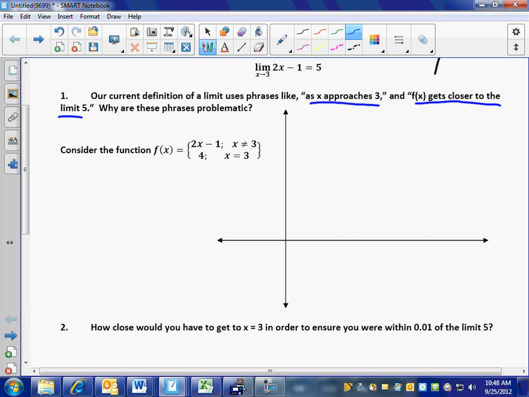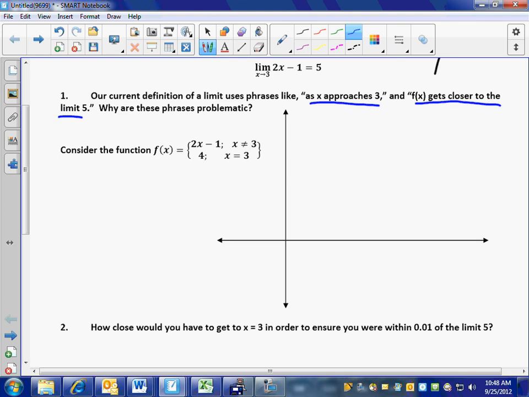2.9. What else should I plug in? When is it close enough? I mean, if I plug in 2.9, we all know that you could plug in 2.99. And you could plug in 2.999. You have an infinite number of x values that you could plug in between 2.9 or 2.999 and 3.